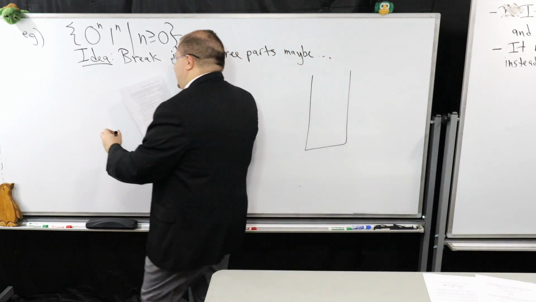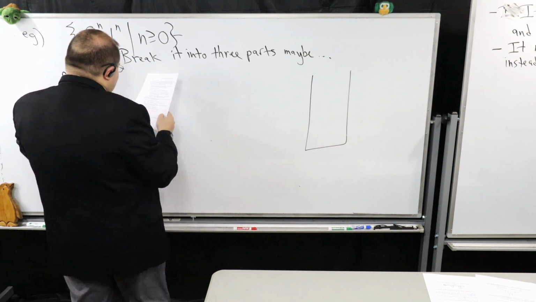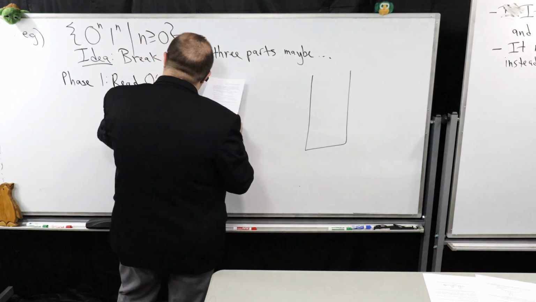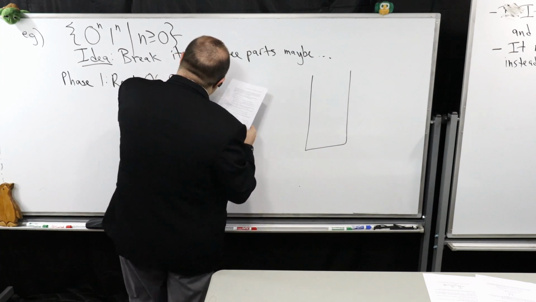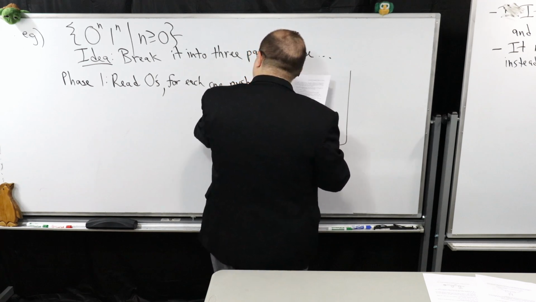So here's an idea. And then I want your input on this. So first phase, I'm just going to read zeros. For each one, push a stack symbol.